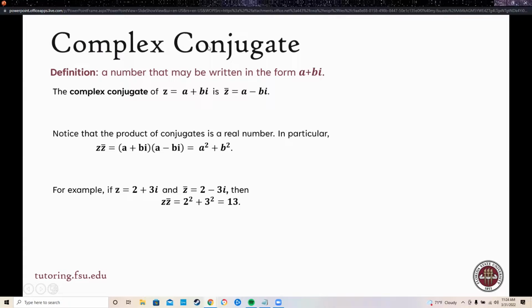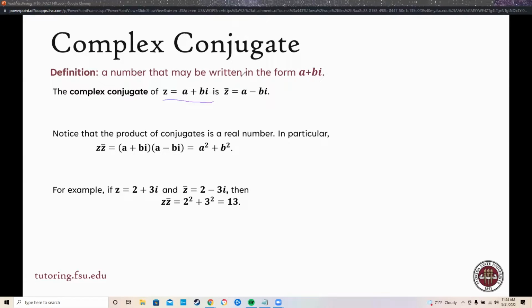Now we'll talk about the first simple operation when doing complex variables, which is taking a complex conjugate. Often in complex algebra, we denote a complex number as z. So we'll say z is equal to a plus bi.